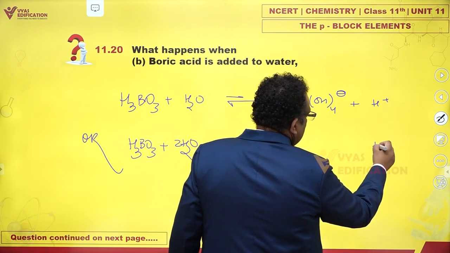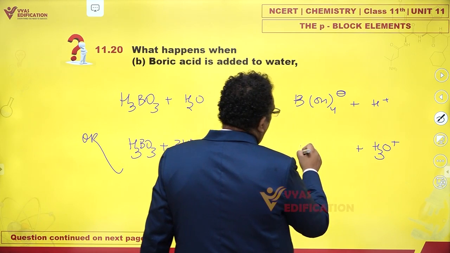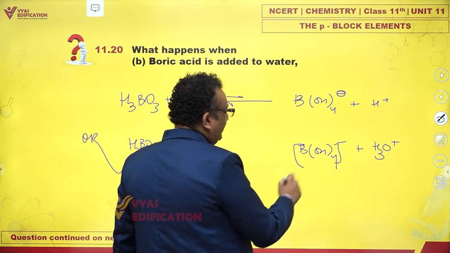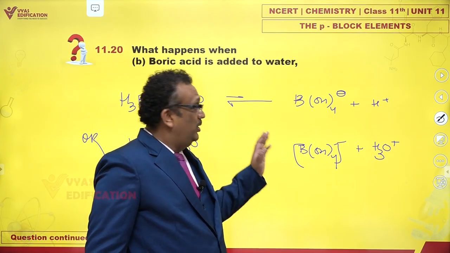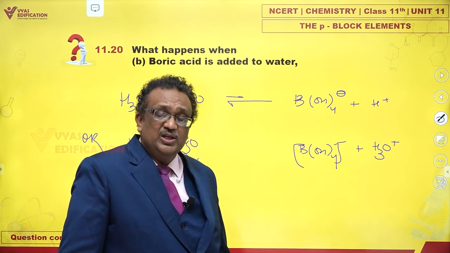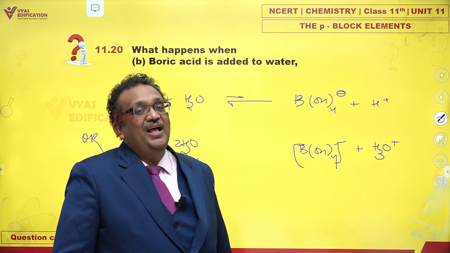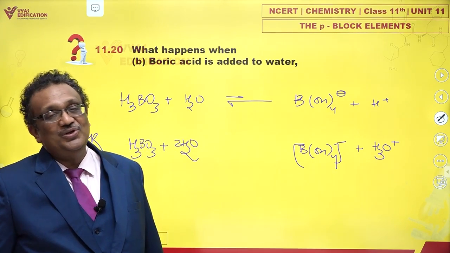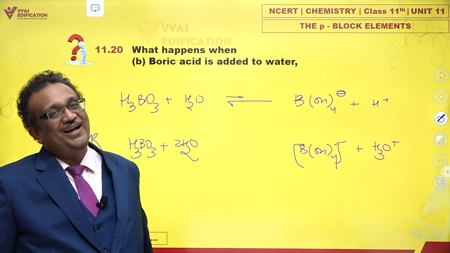Instead of H+, there are people who love to write H3O+. You can well do that. That's perfectly fine. But please note, equilibrium is shifted largely backwards. To a very small extent, it is able to release H+. But yes, it does. This is what happens when boric acid is added to water. It becomes very slightly acidic.